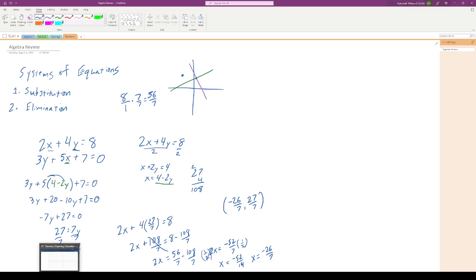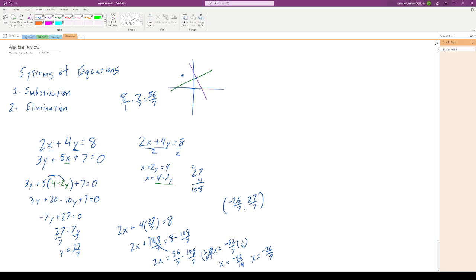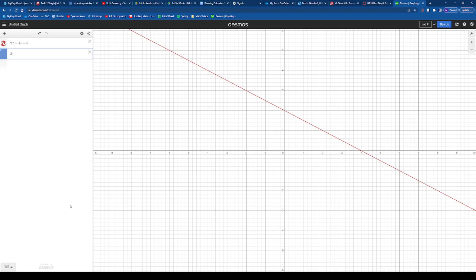So we have 2x plus 4y equals 8. That's our first equation. Our second equation was 3y plus 5x plus 7 equals 0.